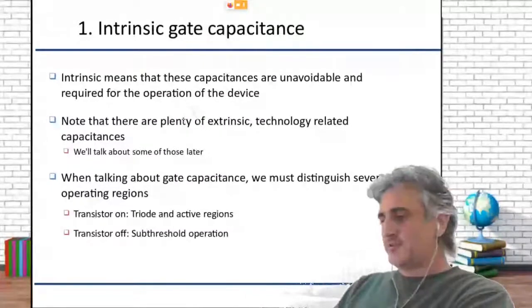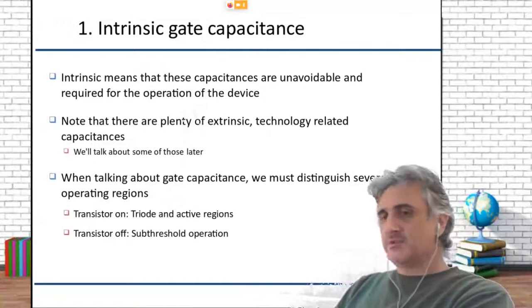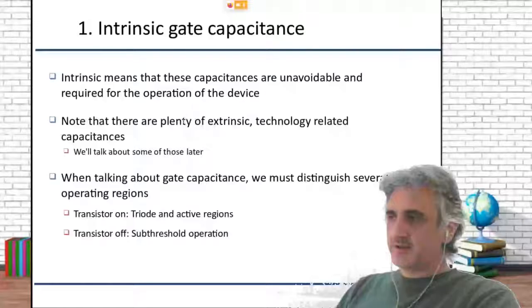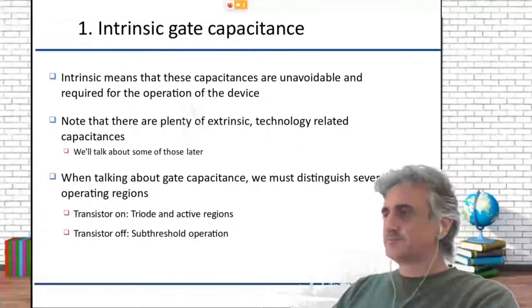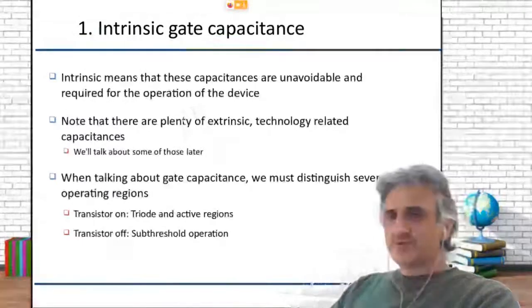We have to know how these capacitances are modeled, or at least what their value is in each region. Usually we will be working in the active saturation region, so this is not a problem. Any questions until now?